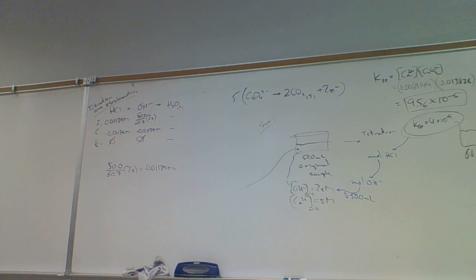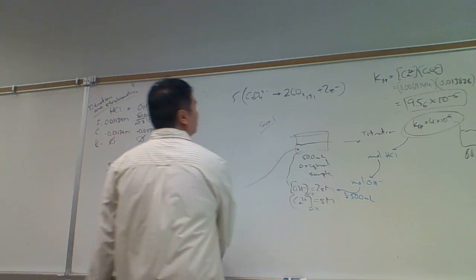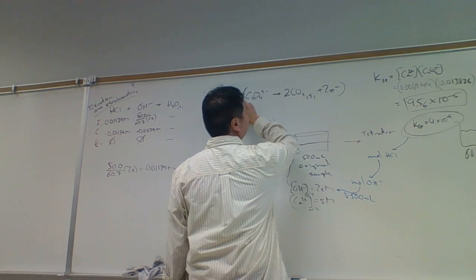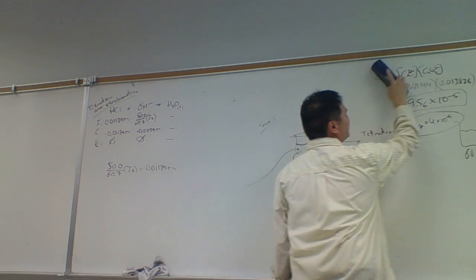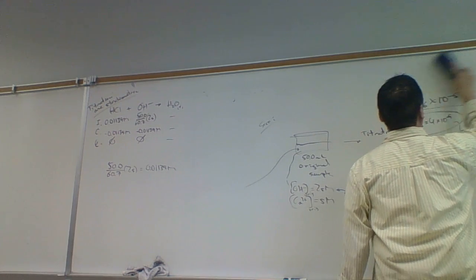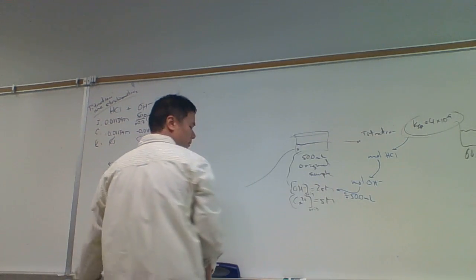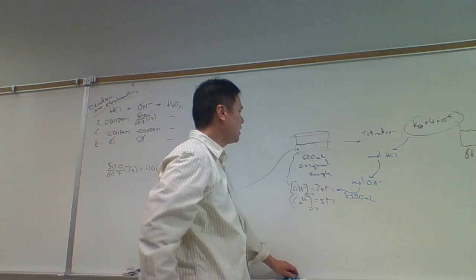So calcium hydroxide is 5.5 times 10 to the negative 6. All right, so it was right. I guess I didn't erase this, huh? I didn't erase that, did I? And so that was a mistake then.